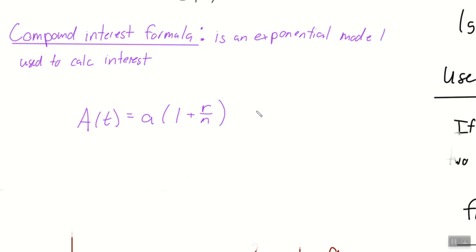That's the new bit in this. We're adding an n because there are multiple periods within one period. So A of t is still our output. A is our initial value still. A lot of times they're going to call this the initial principal also.